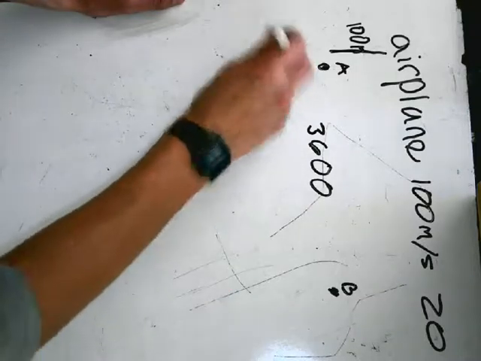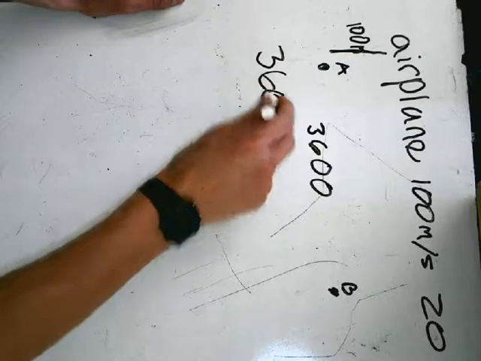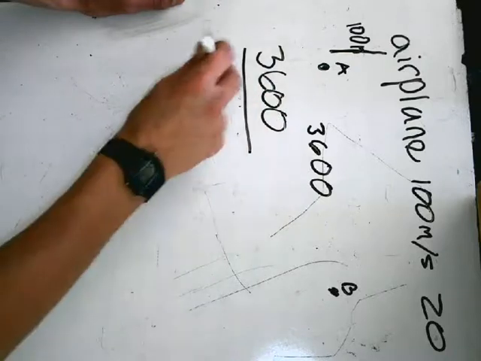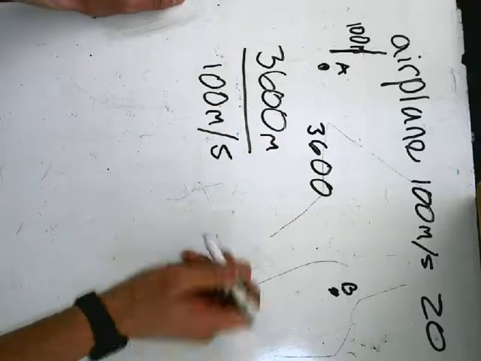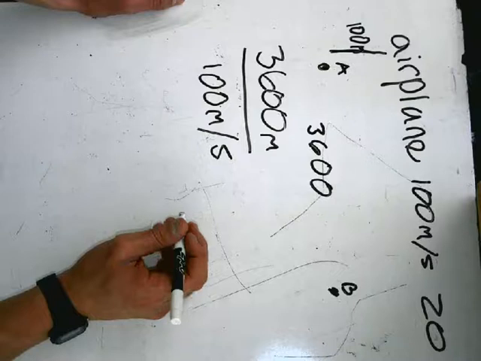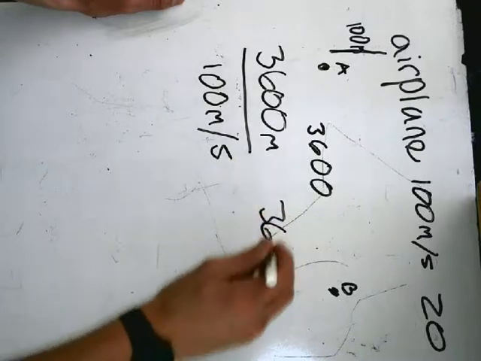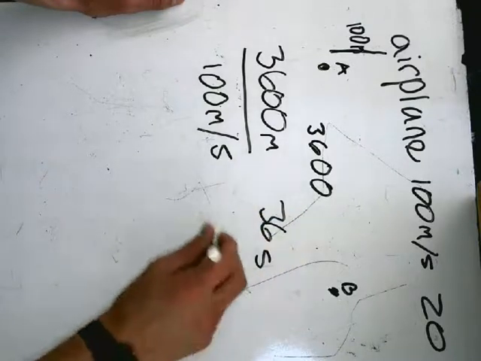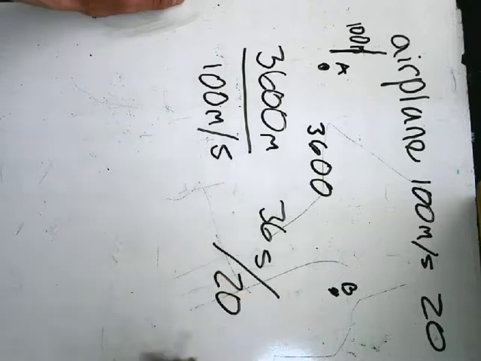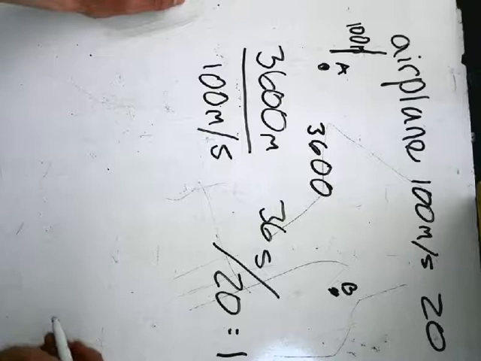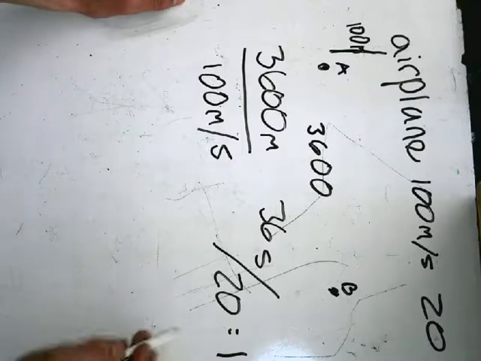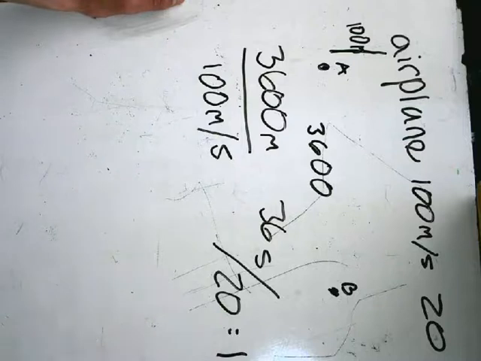Alright, now we're going to make this a little more complicated. We're going to add a tailwind, okay? So, same distance, 3,600 meters, but there's a tailwind. Let's call the tailwind, just easily enough, 25 meters per second. So we're going to assume now your plane is going 125 meters per second.